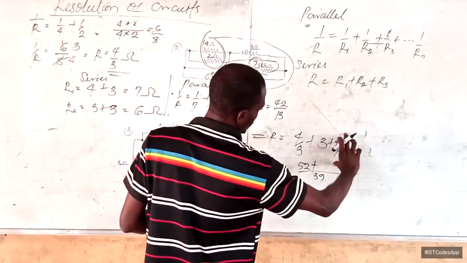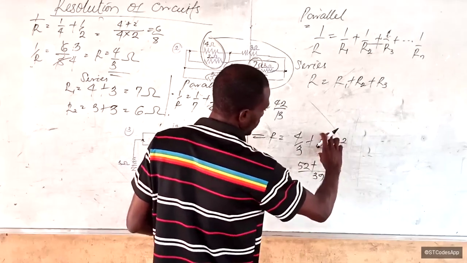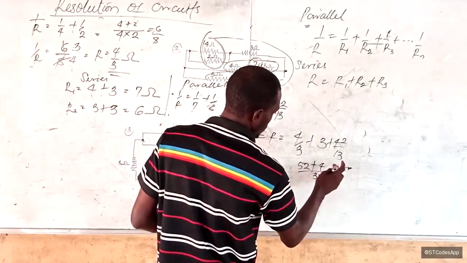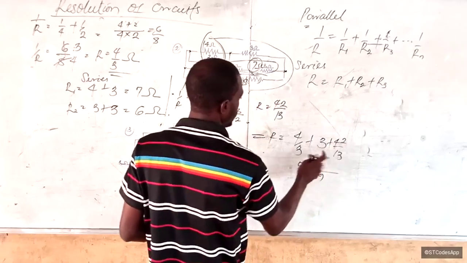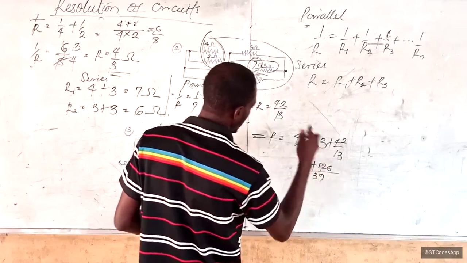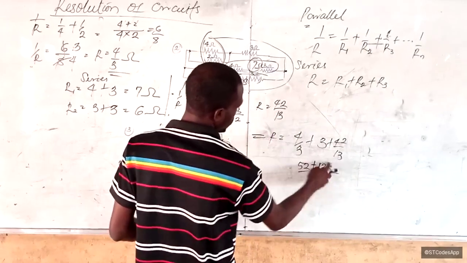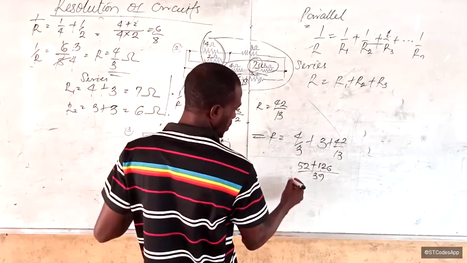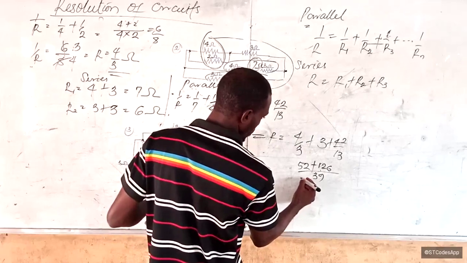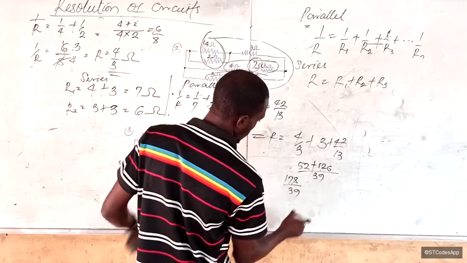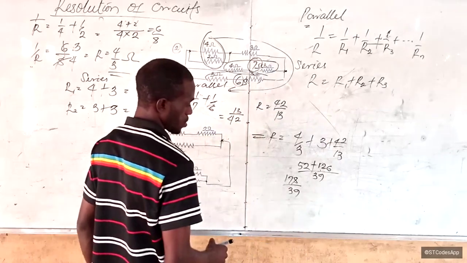Let's add only this; we'll do this one as a whole number. 3 times 42, that will be 126. So 126 plus 52, what does that give us? 178. So we have 178 over 39, and that will be what?